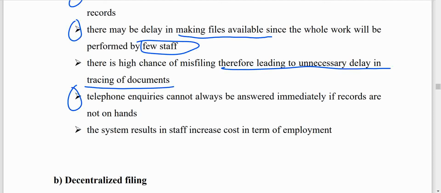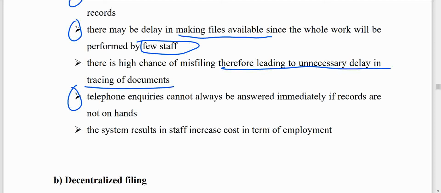Another problem is that telephone inquiries cannot always be answered immediately if records are not on hand. Since the department will have high volumes of records, we have some requests that come by phone call, like, please can you retrieve for me file number 164.